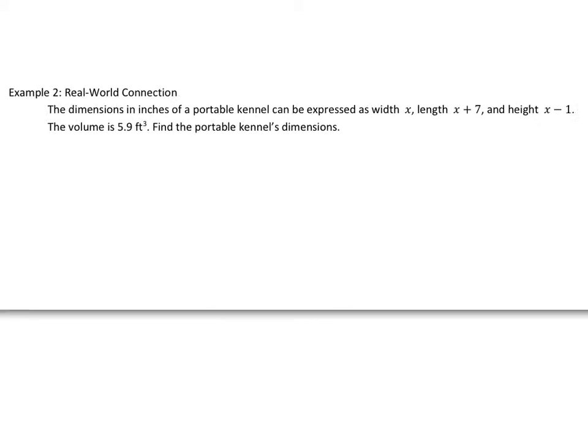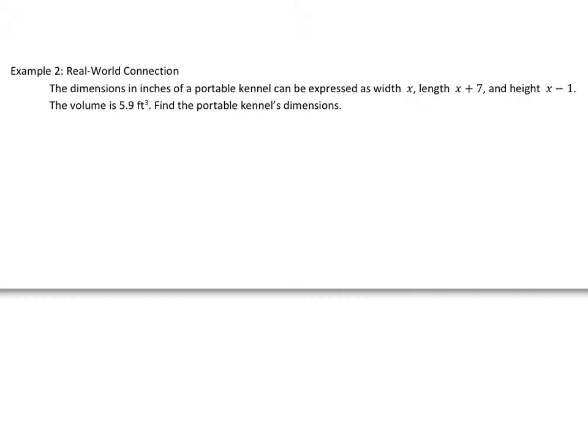Alright. Let's look at this word problem. You have one very similar to this on your homework. It says the dimensions in inches, that seems important, we got units, of a portable kennel, so that'd be like the little crate you take your dog or your cat to the vet in, or lizard or whatever you have, can be expressed as width x, length x plus 7, and height x minus 1.